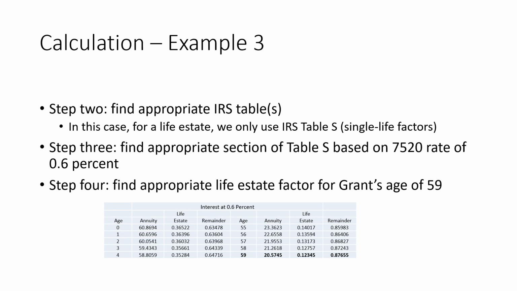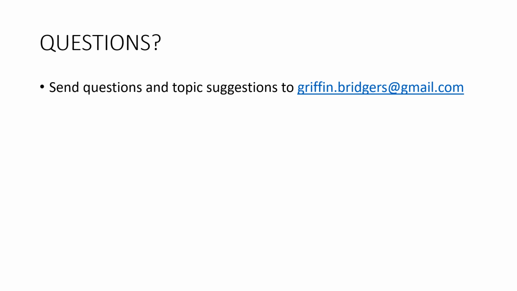We'd go to the appropriate IRS table, once again, Table S, since this is a life estate, look at the 75/20 rate of 0.6% and the relating subtable, and then find the appropriate life estate factor for Grant's age of 59. Now, in this case, the calculation's a bit different.